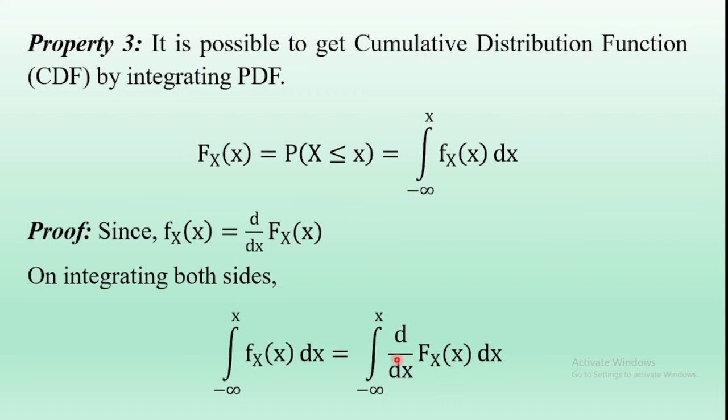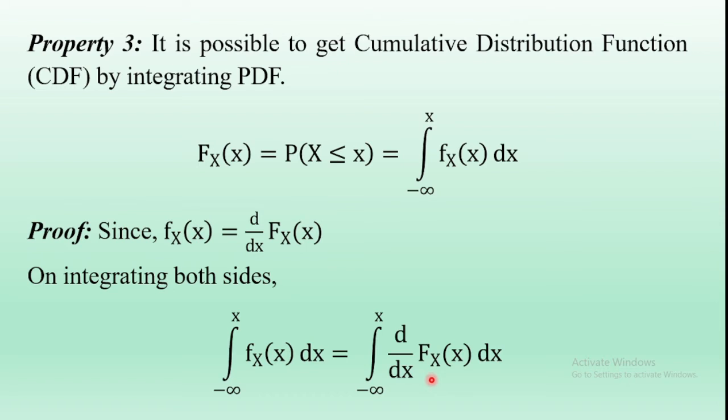So now here we want to prove that this LHS term is equal to this. And on the RHS side, what is the range of the integration? Minus infinity to x. According to the definition, the probability of X less than or equal to x means that X varies from minus infinity to x. So we consider the range of the integration to be minus infinity to x on both sides.